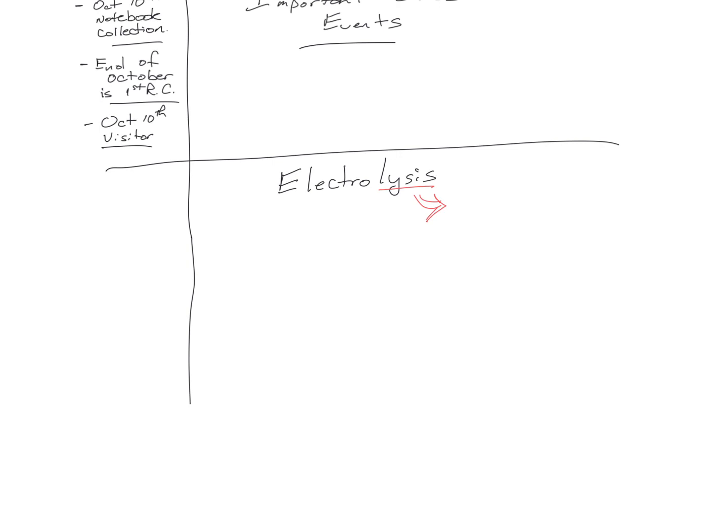means to break up. And electro means the use of electricity. So you're going to use electricity to break up something. That's what electrolysis is.